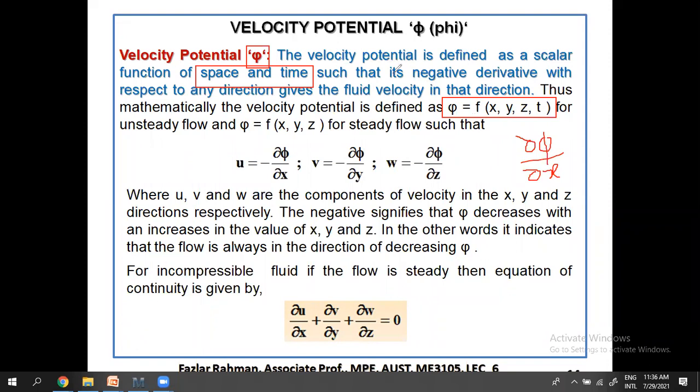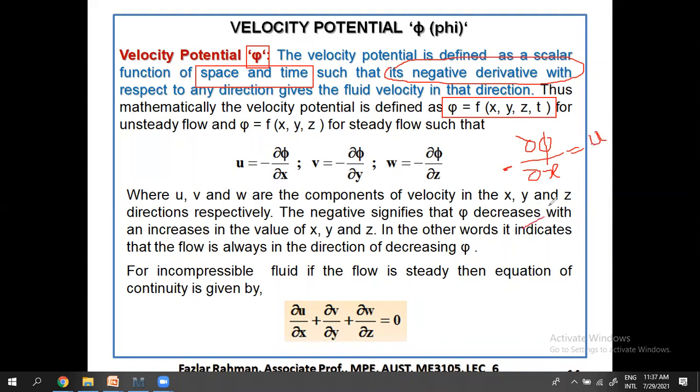So it's saying its negative derivative with respect to any direction gives the fluid velocity in that direction. So del phi by del x, you are taking the derivative along the x-axis. That means this negative derivative is giving you velocity u.